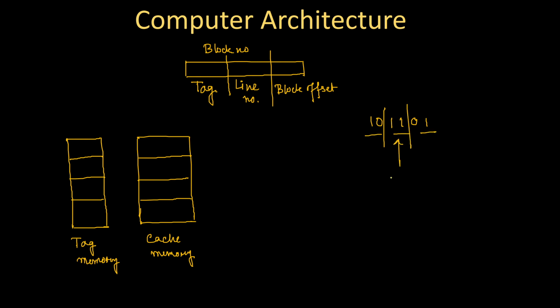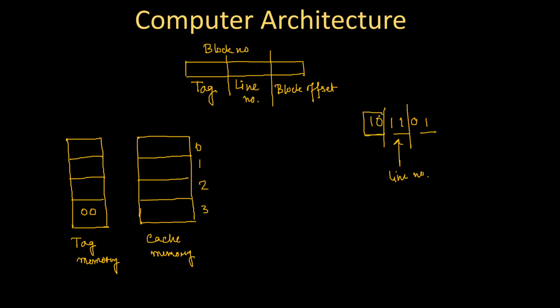This is my line number. That means I don't need to check line 0, line 1 and line 2. I will directly go to line number 3 because it is 11, and then I will check the tag memory. Now this tag memory may not contain 10, it may contain 00. It means that whatever data I am trying to find is not present in the cache because there is a mismatch in the tag.